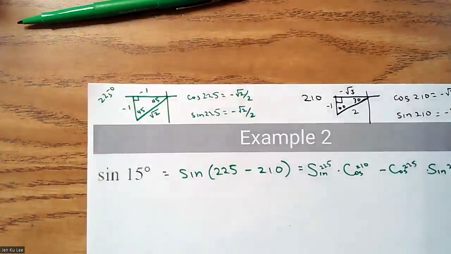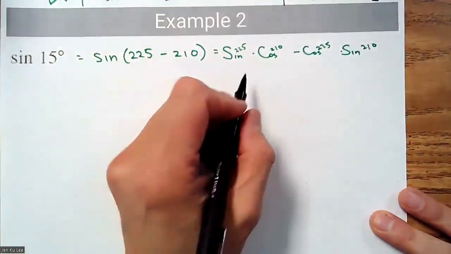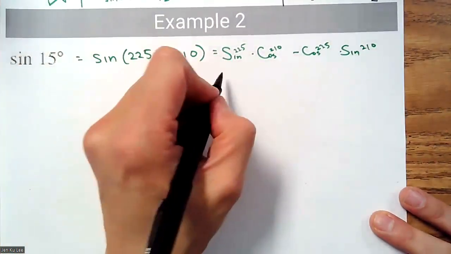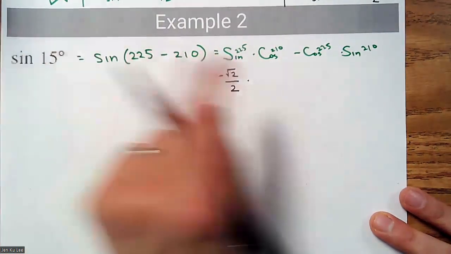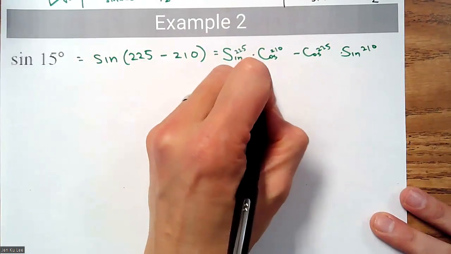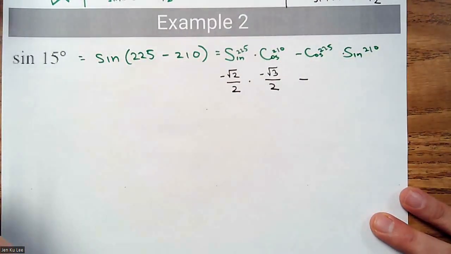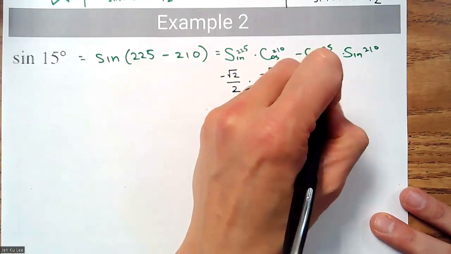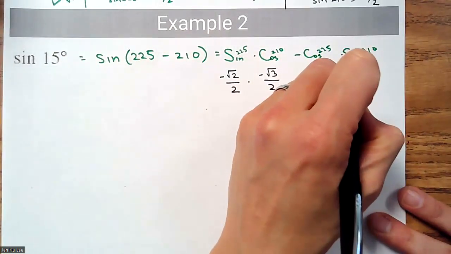So now, again, we just plug it in and see what we get. Sine of 225 is negative square root of 2 over 2 times cosine of 210, negative square root of 3 over 2, minus cosine of 225, negative square root of 2 over 2, times sine of 210, negative 1/2.